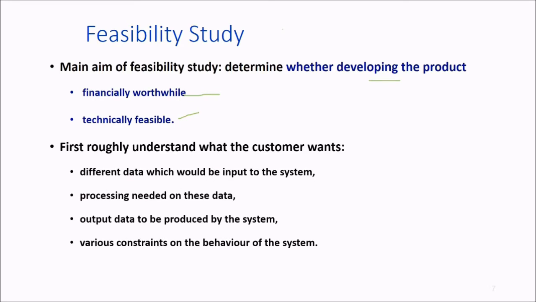Then we roughly understand what the customer expects from the product: the input data to the system, what processing is to be performed on this data, what output data the system will produce, and certain constraints on the behavior of the system.